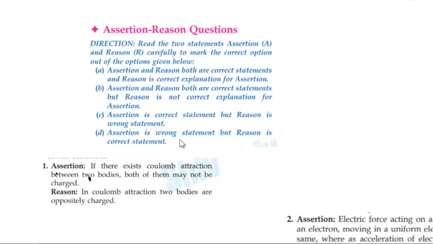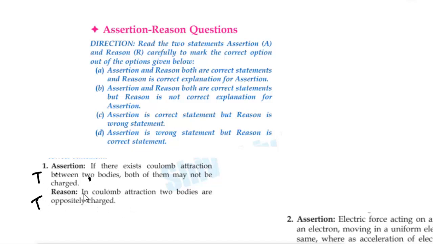Both of them, is it necessary both should be charged? No, right? It's not necessary that both should be charged. In Coulomb attraction, two bodies are oppositely charged. Whether that is correct? Yes. Opposite charges only attract each other. So here we are getting both are true.